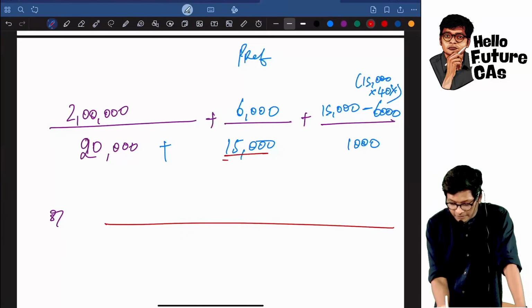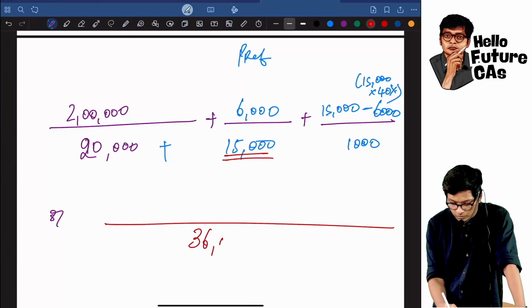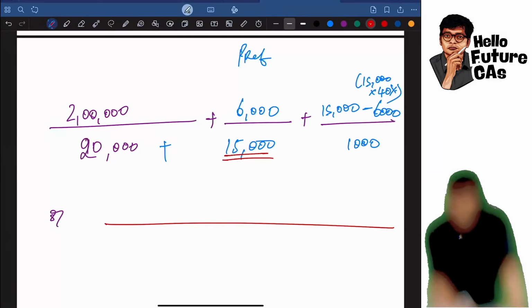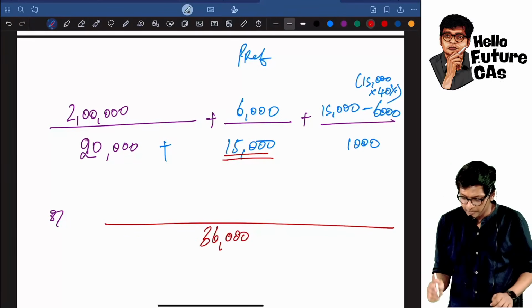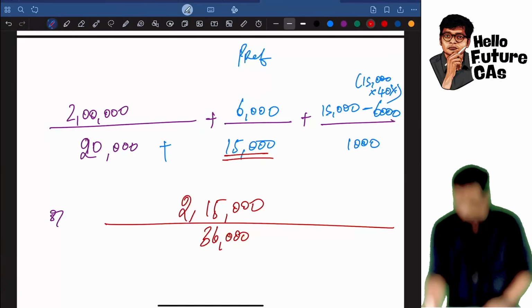I don't think this will be 15 once we check the actual thing, but 20 plus 15 plus 1000 will be how much? 36,000. Sorry. Numerator will be 2 lakh. 2 lakh. Here 2 lakh 15,000.